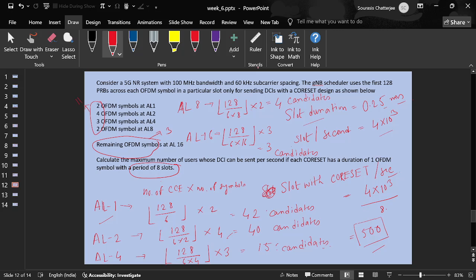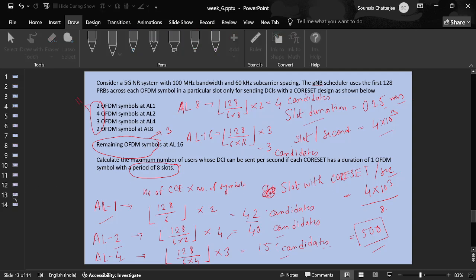So what is the total number of candidates at aggregation level 1? It's 120 over 6, you have to do the floor operation, times 2 symbols, and there would be 42 candidates, right? Similarly, at aggregation level 2 we have 40 candidates, aggregation level 4 we have 15 candidates, aggregation level 8 we have 4 candidates, and aggregation level 16 we have 3 candidates.